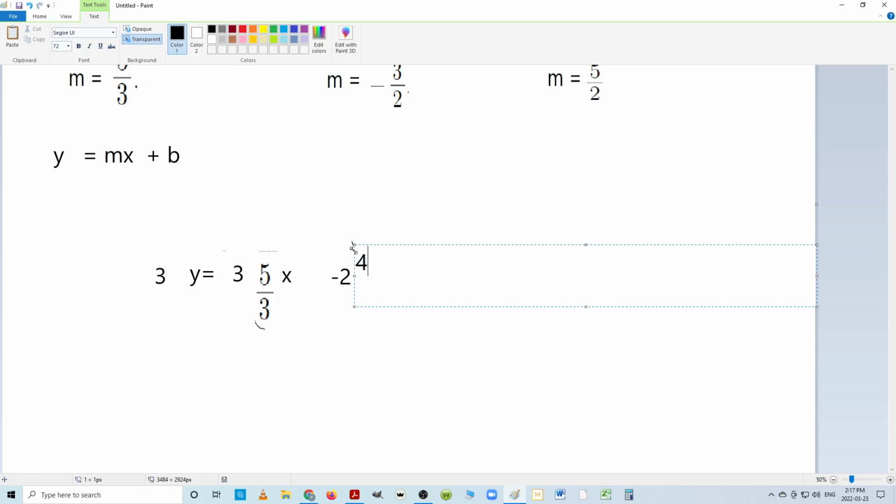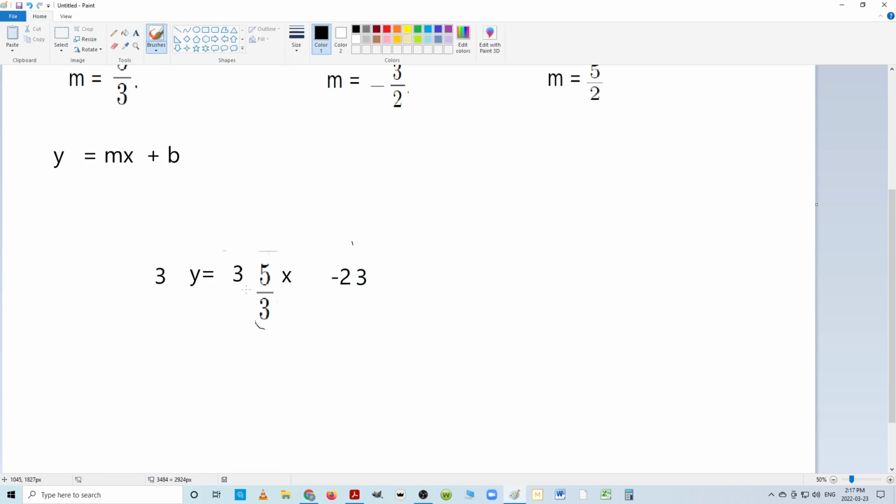So essentially, I've multiplied everything in there by the 3 to get rid of the denominator. And right here was the whole point. By multiplying by 3, I'm always just going to get rid of that denominator. The thing that people forget, though, is they've got to multiply this one by 3, too. So I get minus 6 here.